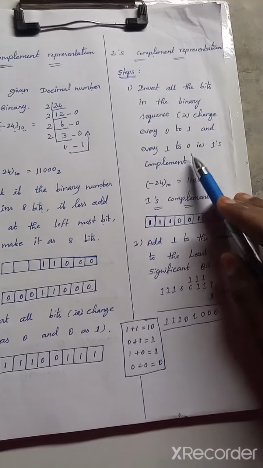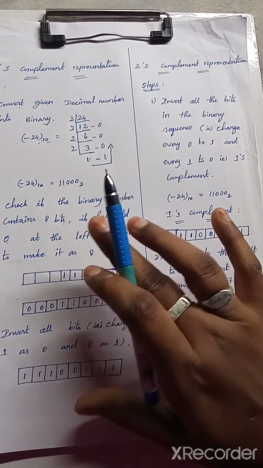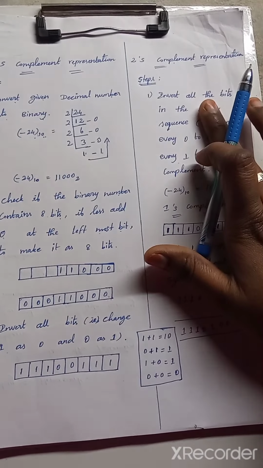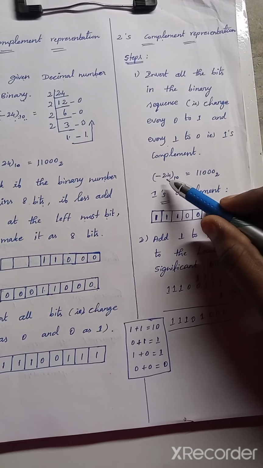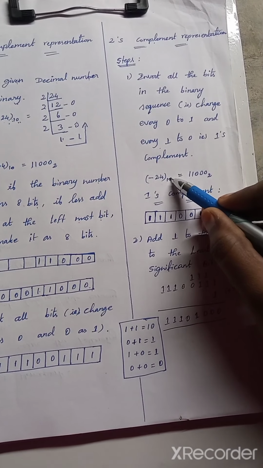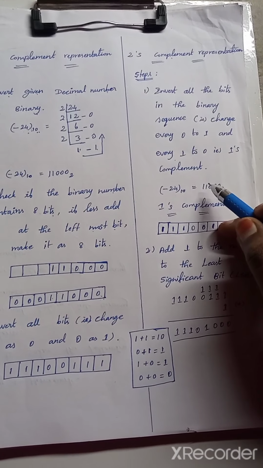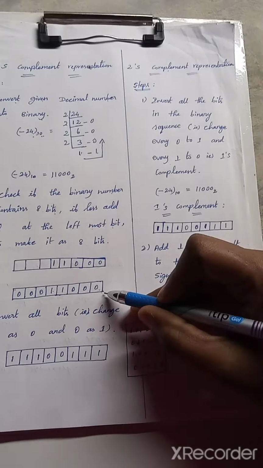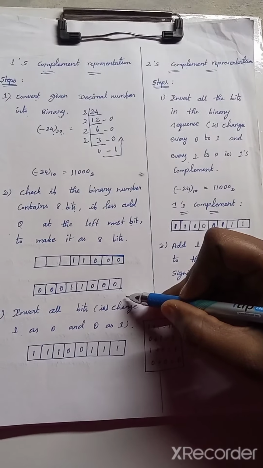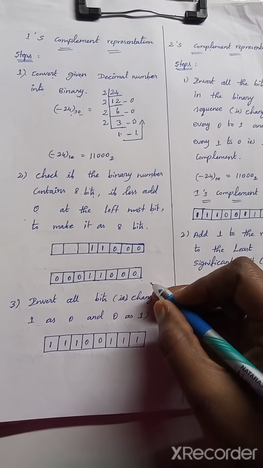We are doing the same step here also, and here also we are taking the example as minus 24 base 10. But if we have a plus sign, we stop this step.